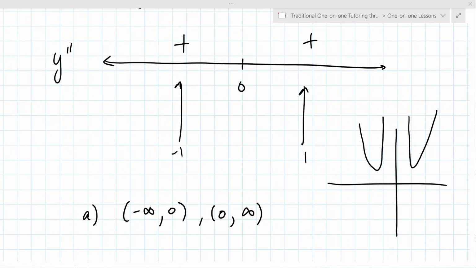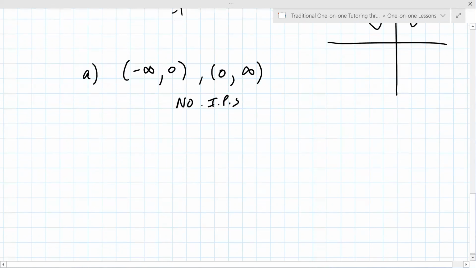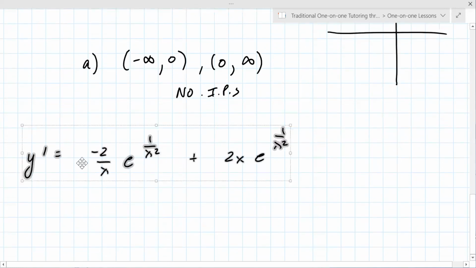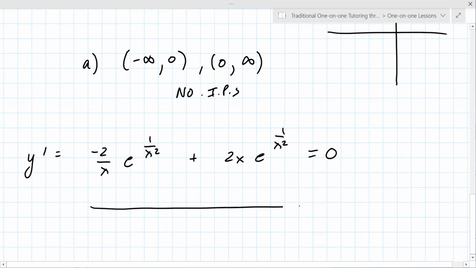So now 13, we can look at 13. It says find any local extreme values and inflection points. So there's no IPs because there's no place where it switched from positive to negative or negative to positive. So if we go back to our derivative, that's where we can figure out when we set this equal to 0, we made a sign chart. I remember we had -1, 0, and 1.